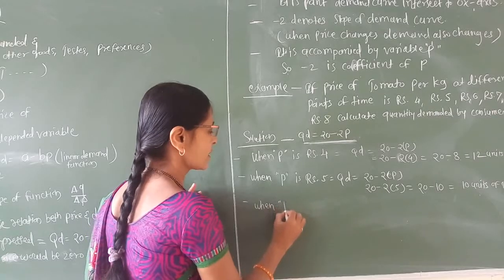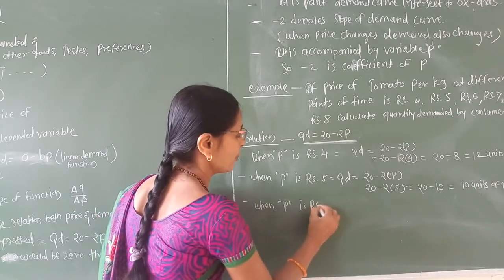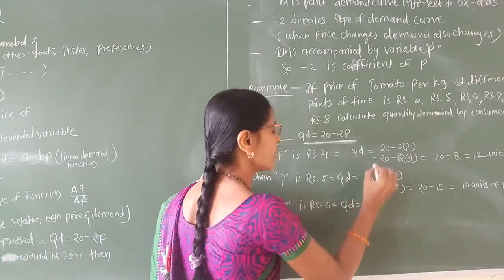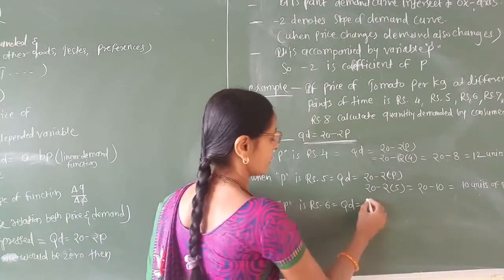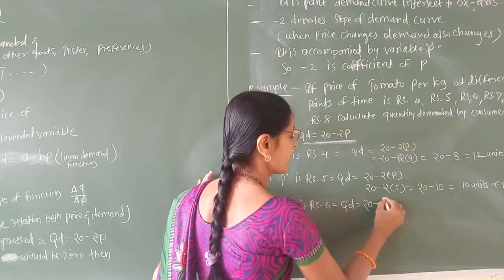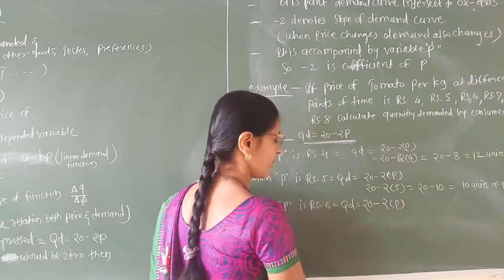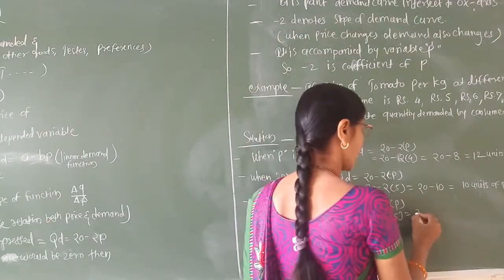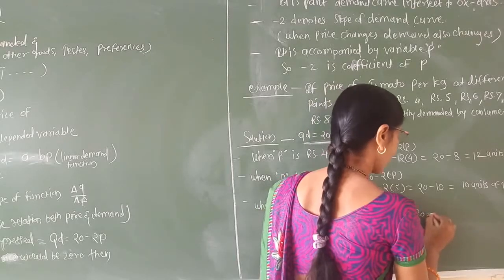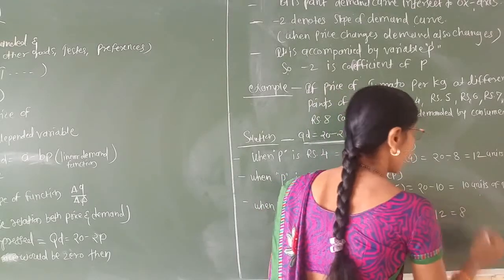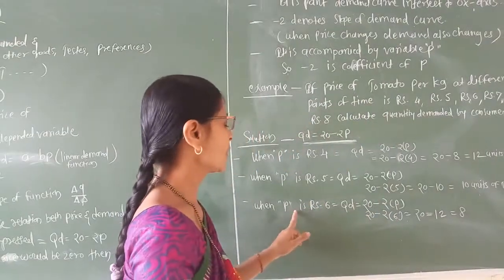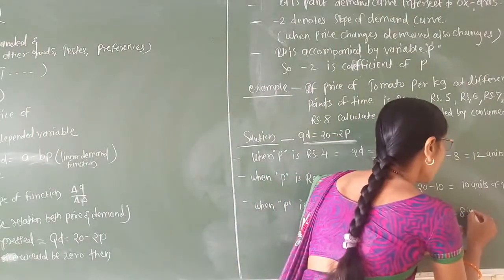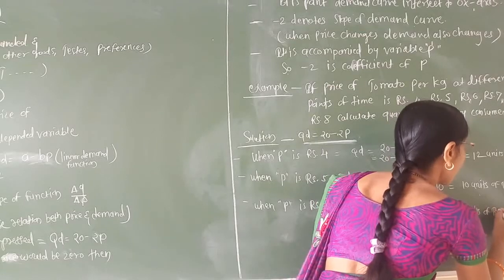When the price is rupees 6, quantity demanded is 20 minus 2 into 6, which is 20 minus 12 is equal to 8. So the consumer demands only 8 units of tomato.